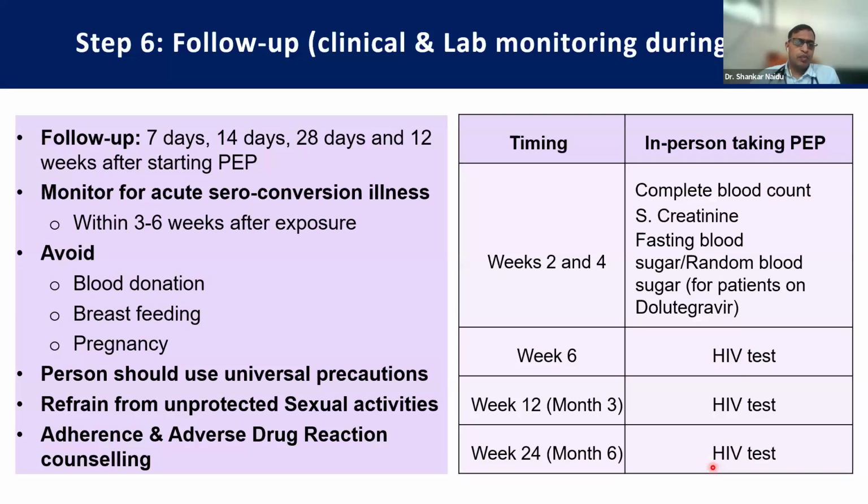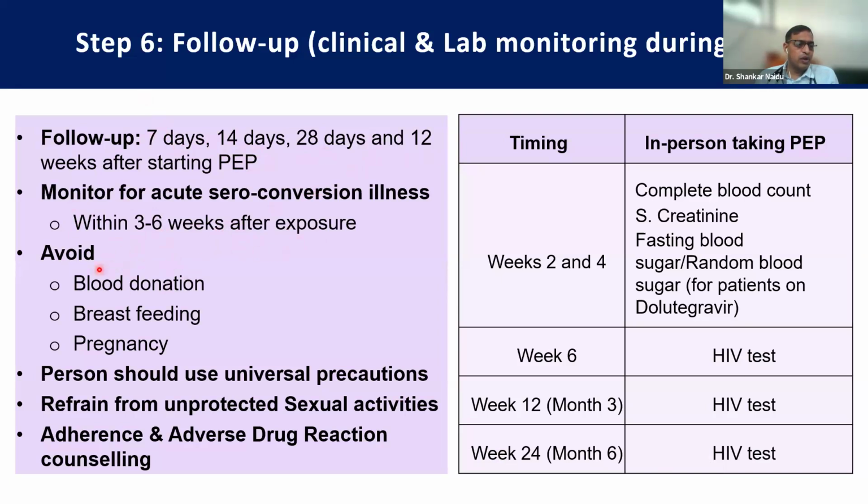Then after initiating PEP, we have to ask the patient to follow up at 1 week, 2 weeks, and 4 weeks, and at 3 months after initiating PEP to get the other investigations done. We have to monitor for any clinical symptoms suggestive of seroconversion illness within the initial 1 to 1.5 months.